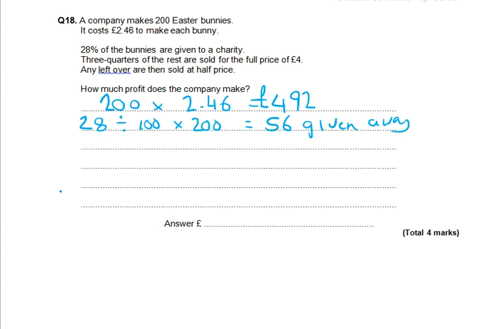That means that we now have 200 take away 56, which is 144 bunnies. 3/4 of the rest are sold at full price, so 3/4 of 144.